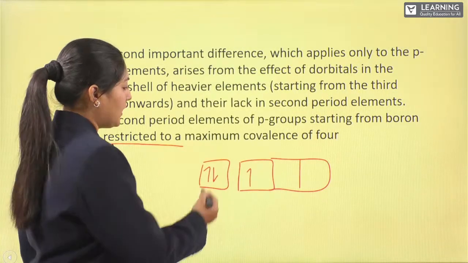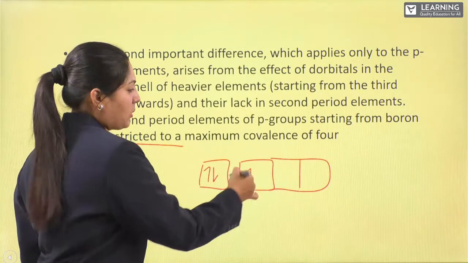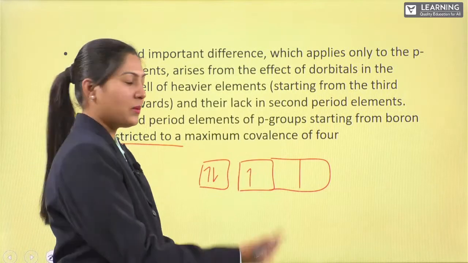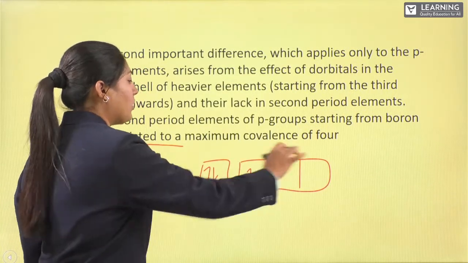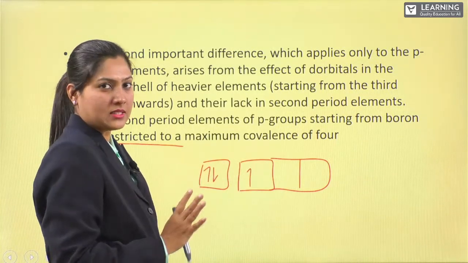So first the s orbital will be filled, and then the p orbital it occupies singly, and then pairs up, right? So we have this. So maximum this boron can have 4 valency or covalency.